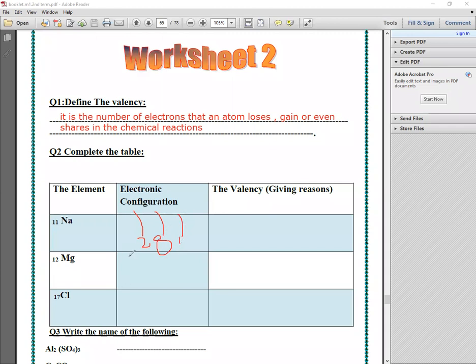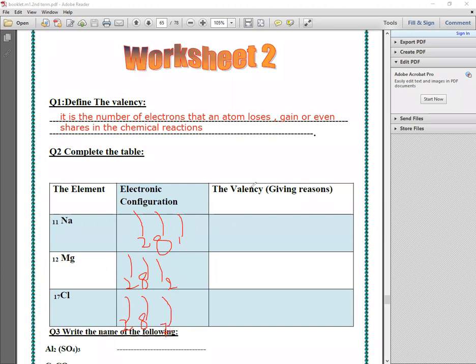For magnesium, 2, then 8, and then 2. Last one, chlorine 17: the K energy level takes 2, then 8, then 7.